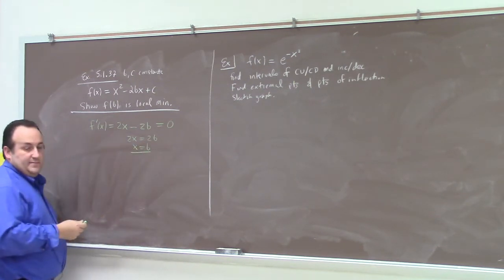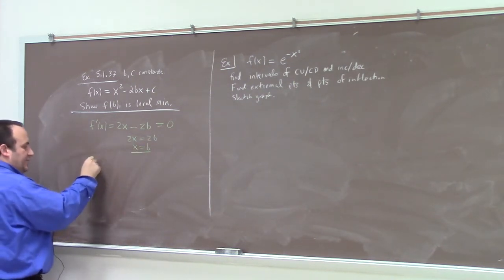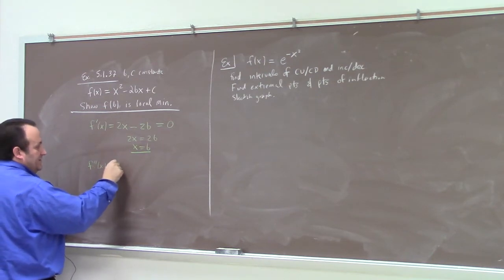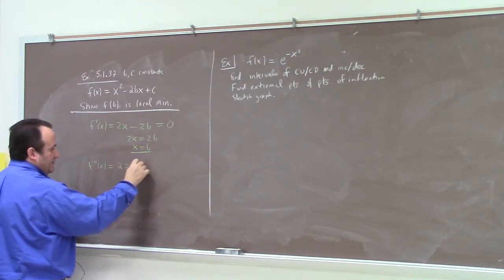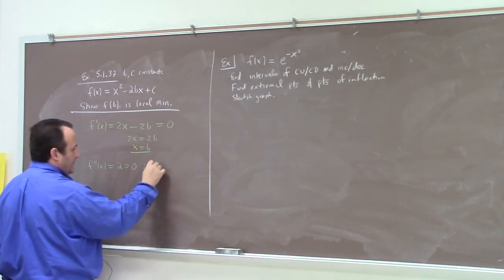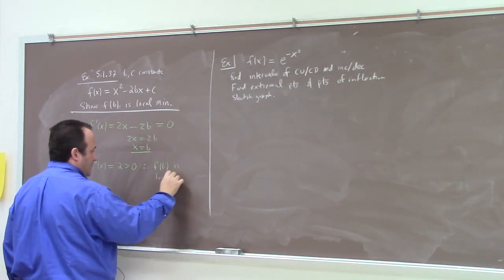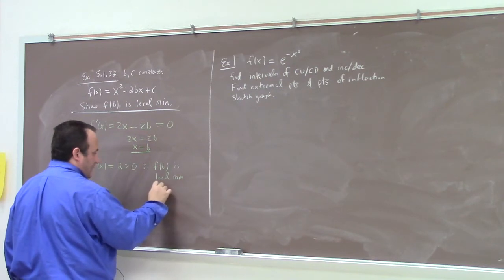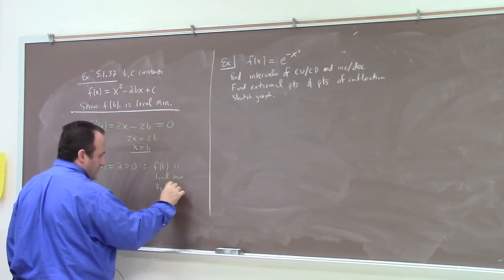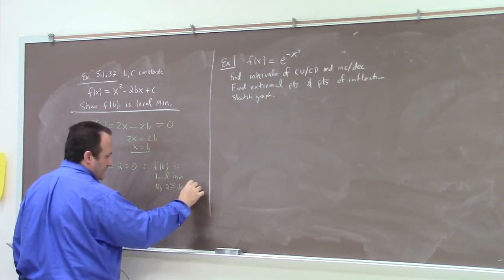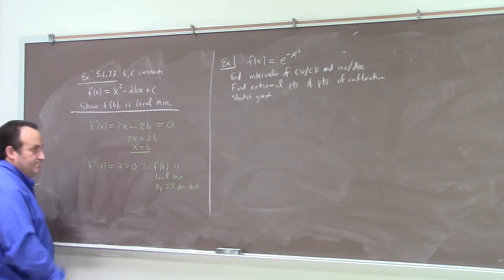It's a critical point. Then f prime prime of x is equal to 2, which is greater than 0. Therefore, f of b is a local minimum by the second derivative test. There you go.